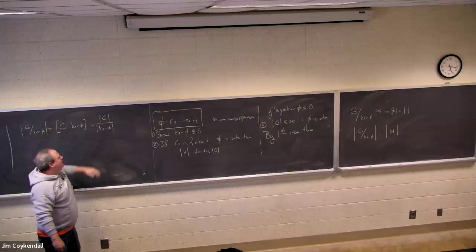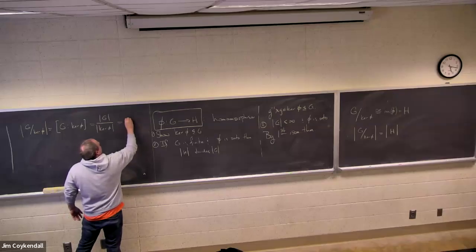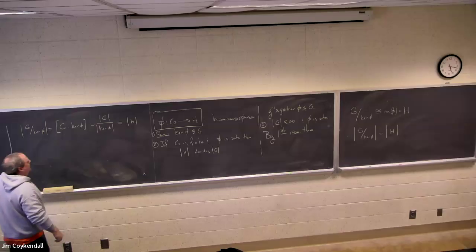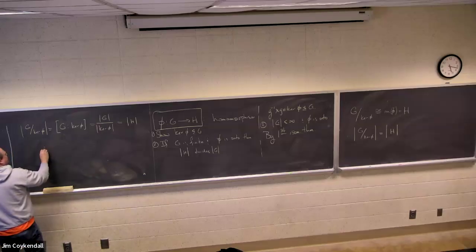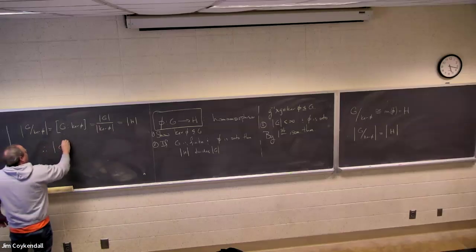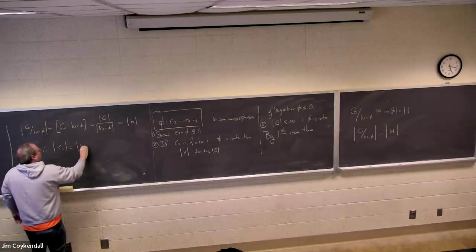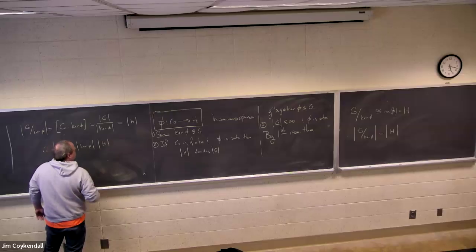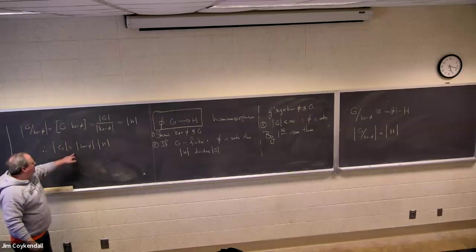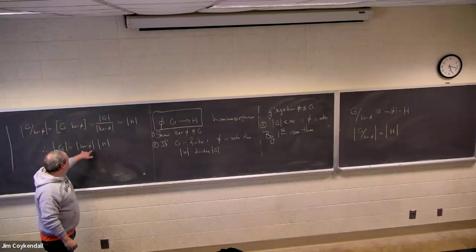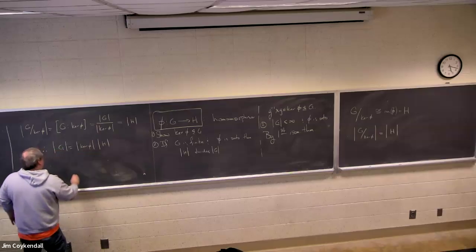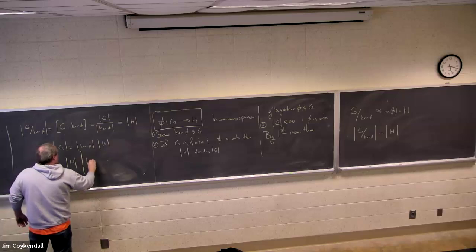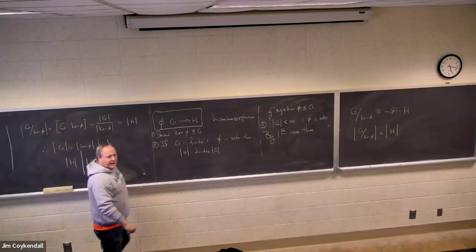And this is H. Therefore, the order of G is the order of kernel phi times the order of H. And so by definition, since this is an integer, of course, we have the order of H divides. And that's the last piece.